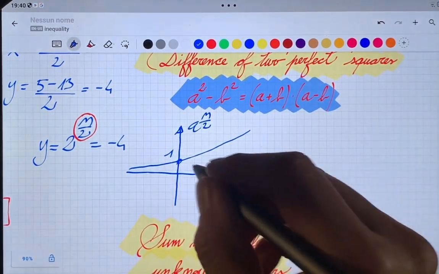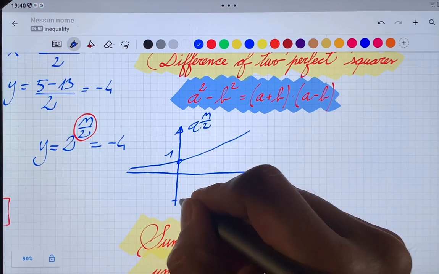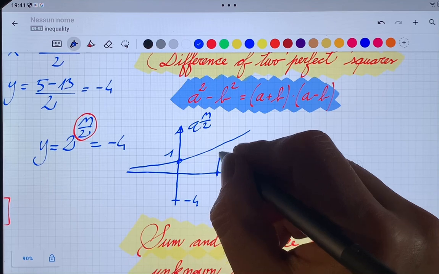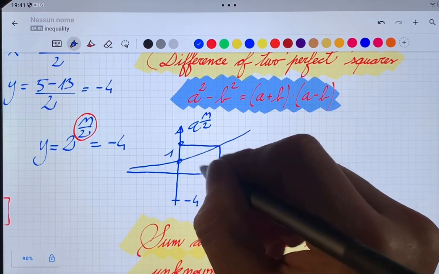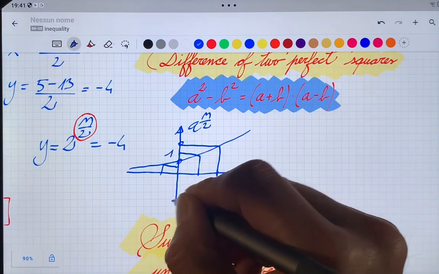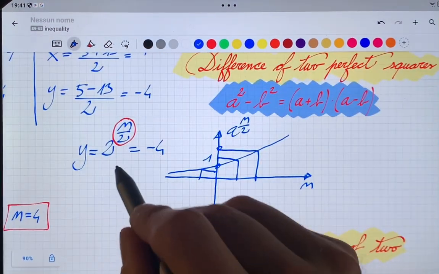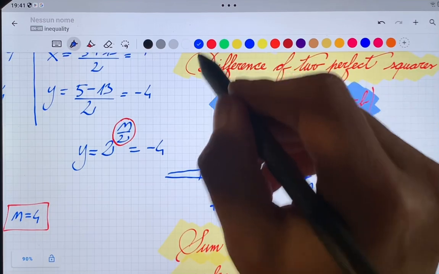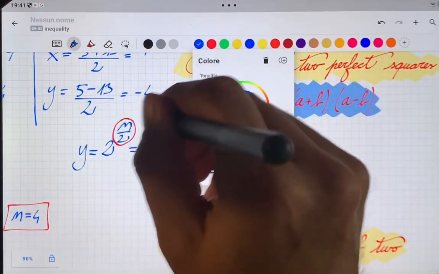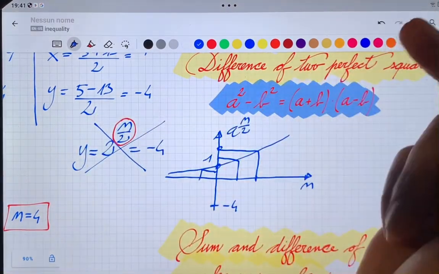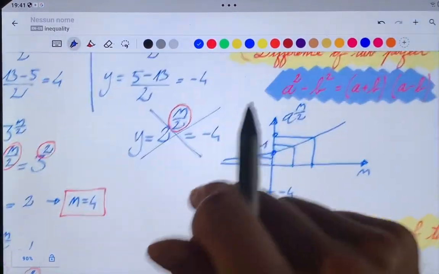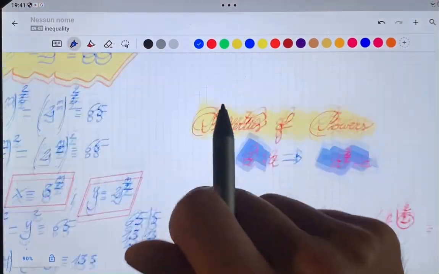And you know that -4 is here, -4. There is no n that will give me a negative number. So there is no solution. In this case, there is no solution. So n equal to 4 is the unique solution we found.